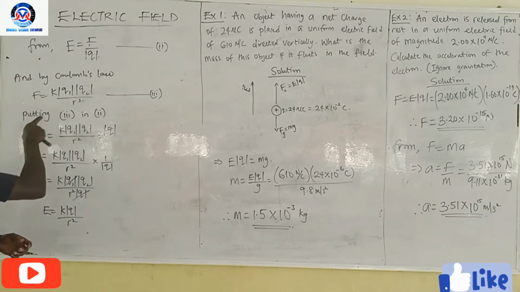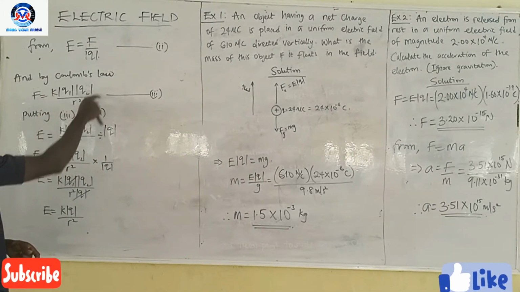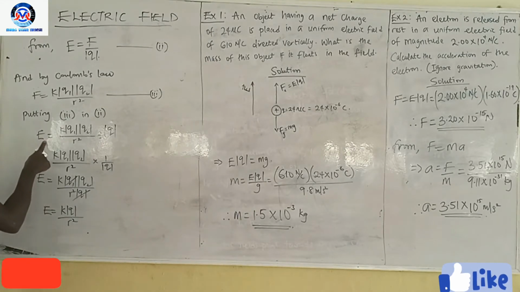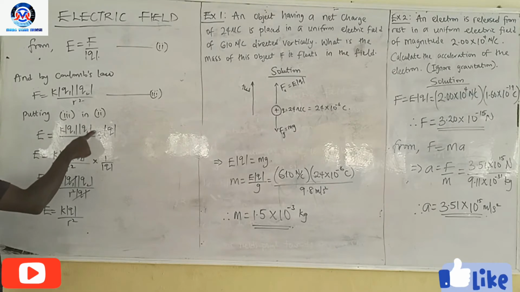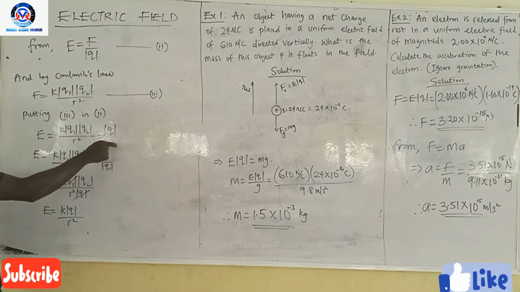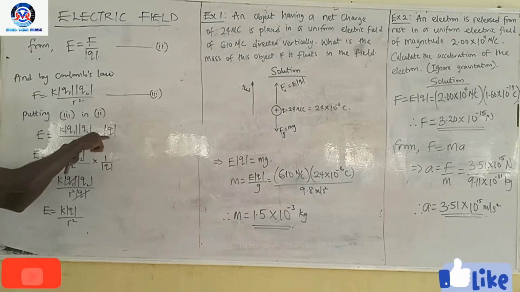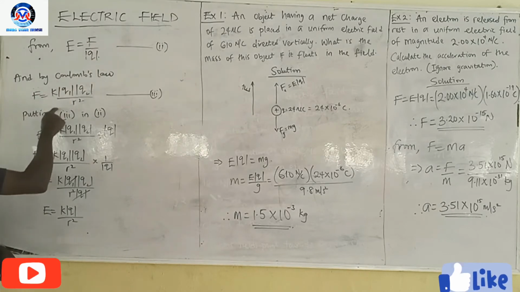And by putting equation 3 into 1, that is, by substituting this value for F in 1, we have that the electric field E is equal to K multiplied by the magnitude of Q1 multiplied by the magnitude of Q2 over R squared, divided by the magnitude of Q. Don't forget that the magnitude of the electric field is force divided by the magnitude of Q, and the force here is this.